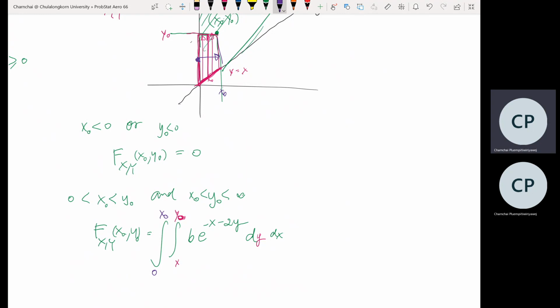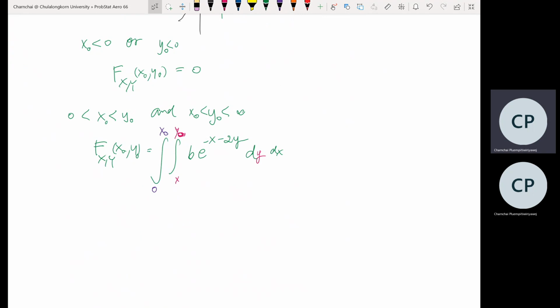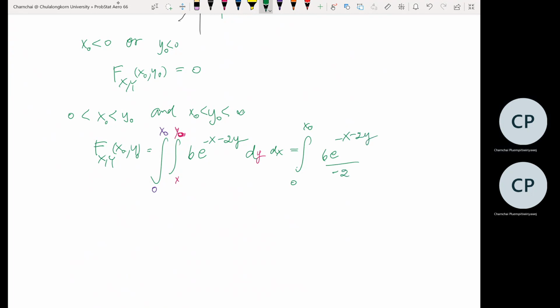Okay, go ahead and integrate this. So we integrate y first, right? We have the integral from 0 to x naught of 6e to the negative x minus 2y dy, so divided by negative 2, y from x to y naught, dx.